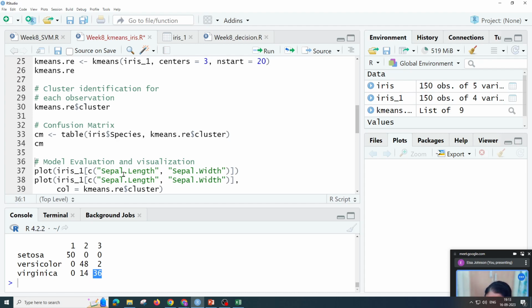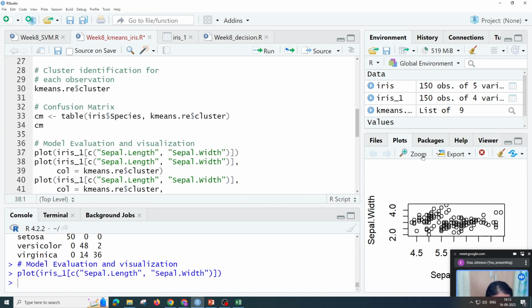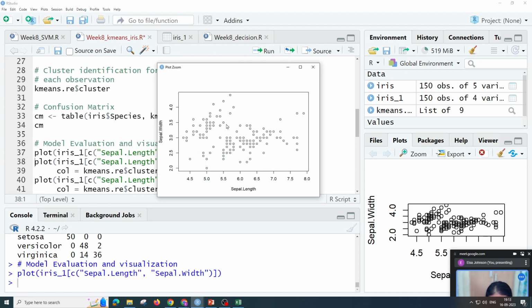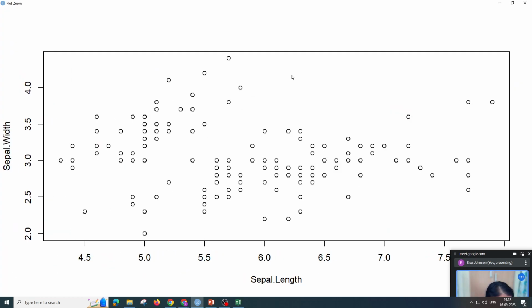Now we'll do the model evaluation and visualization. First we will plot sepal length and sepal width, then with the cluster. So first plot, you can see here, is sepal width with respect to sepal length.